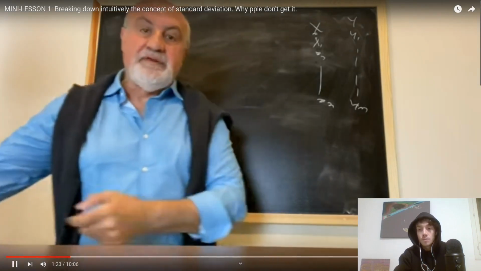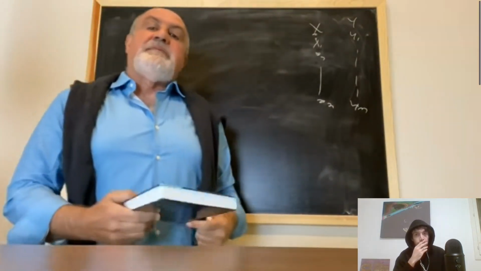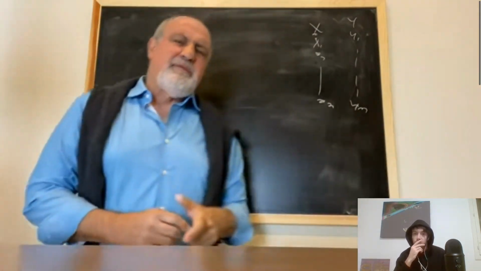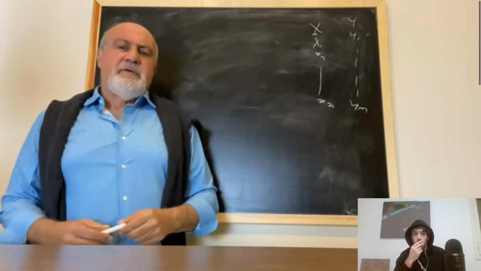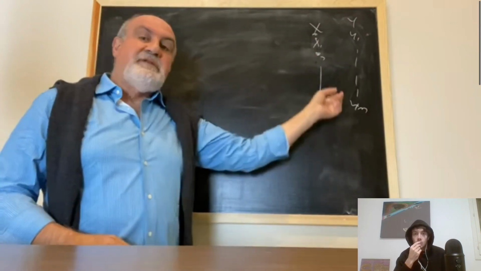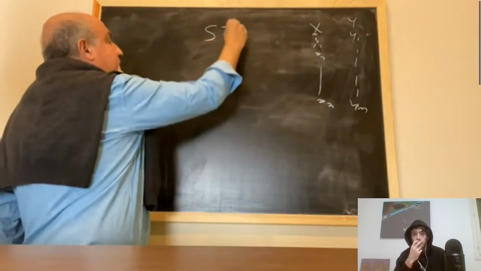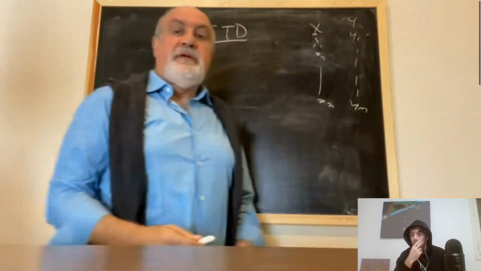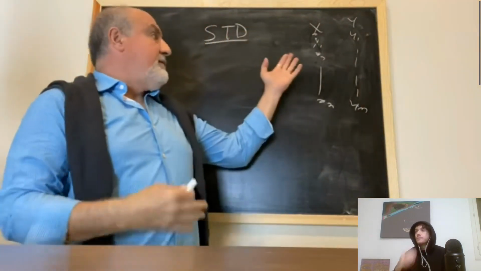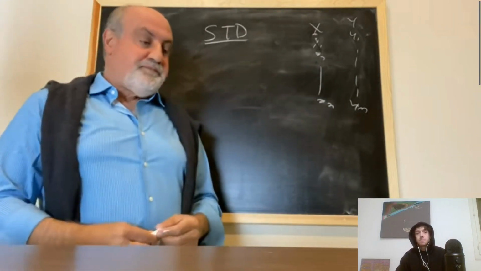A lot of the stuff is in my Statistical Consequences of Fat Tails, chapter 3. I think chapter 4 discusses this problem with standard deviation. The metric we use for x is standard deviation. So let's talk about the metric used just for one variable in one dimension.